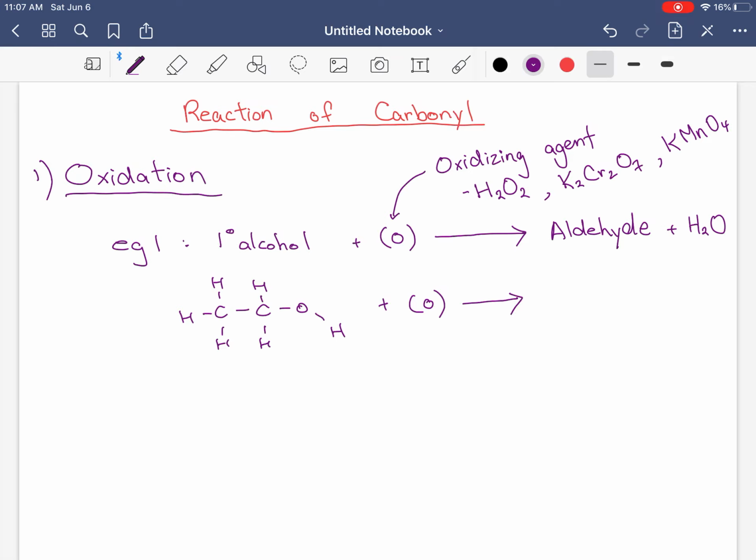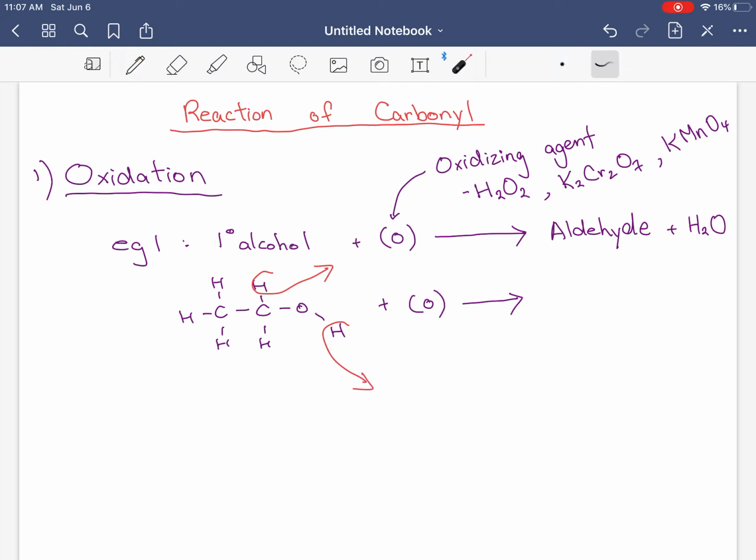Ethanol is going to turn into an aldehyde. The question is, how does it turn into an aldehyde? Well, the idea here is very simple. Basically, this H and this H will go away. Let's write that down. This H and this H will go away.